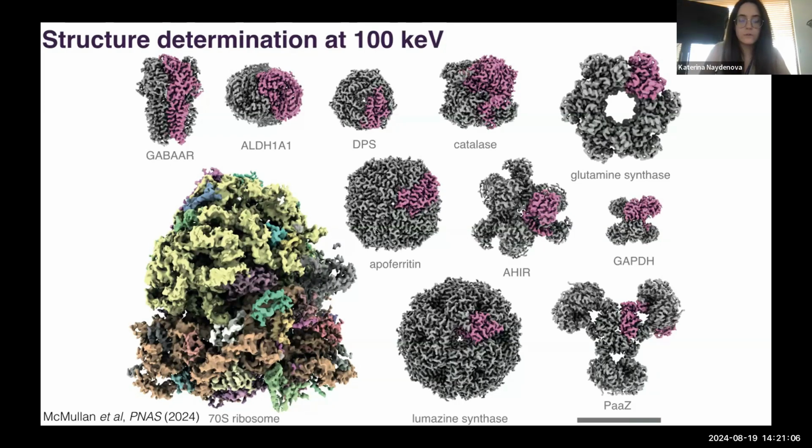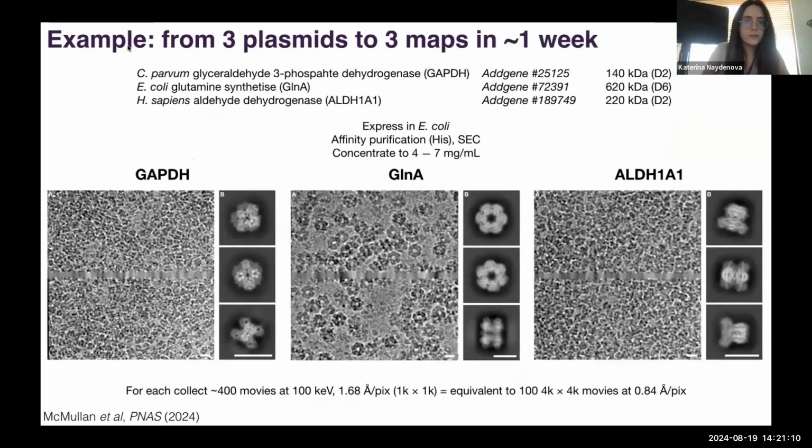I'm just going to focus on a subset of these, to show you how this microscope can be useful, for example, in some early stages of projects, and even not so early stages. For this, we decided to look at some proteins that we ourselves have never looked at before.